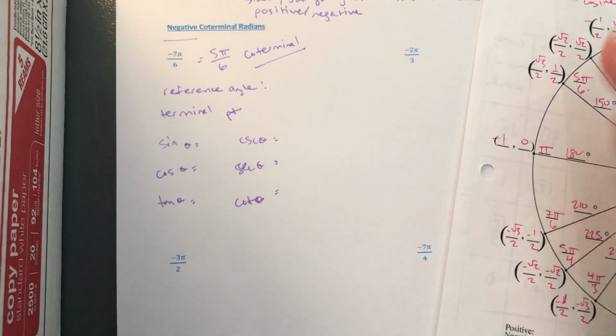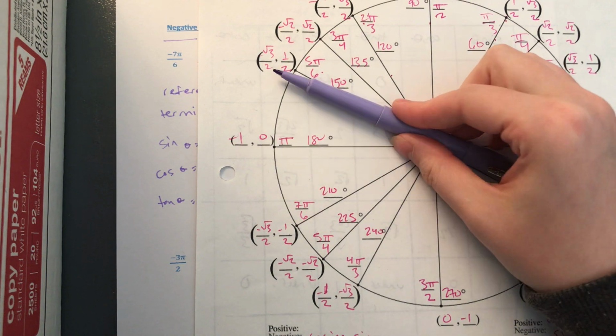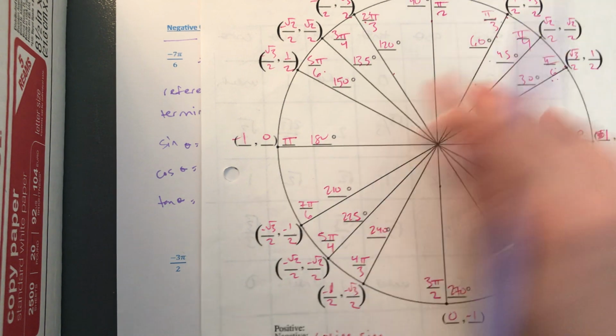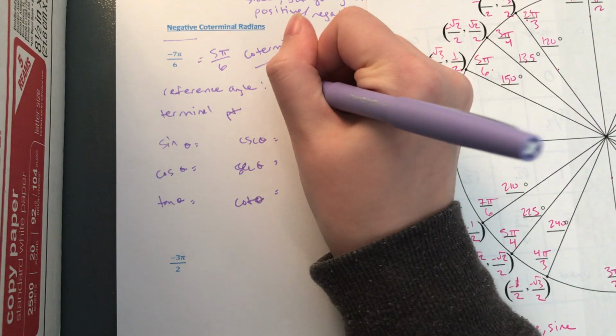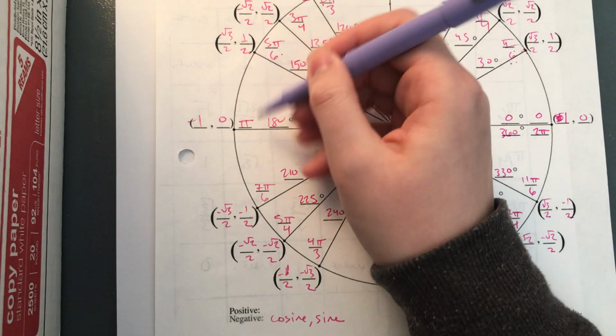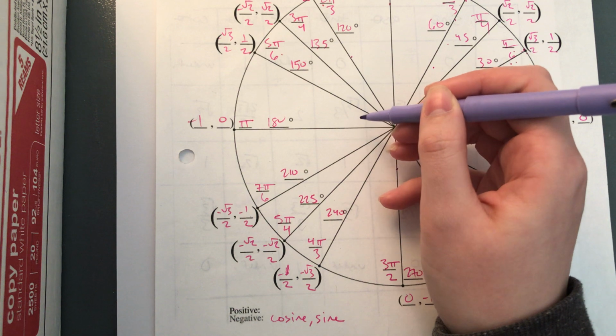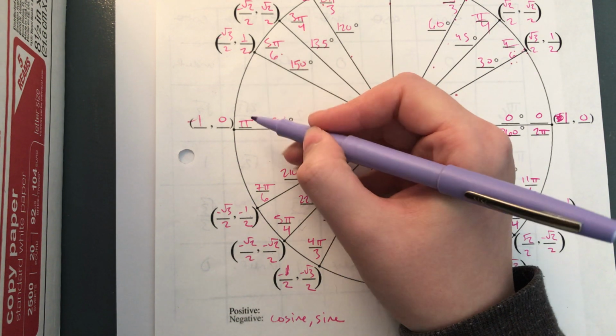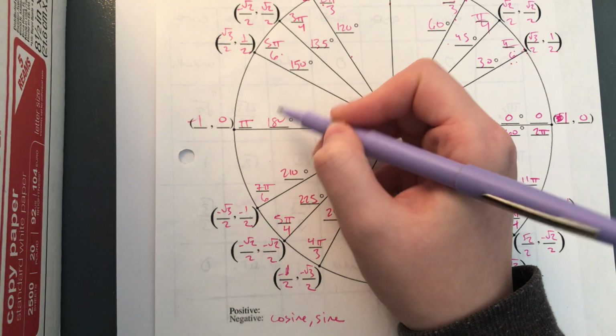So the reference angle is 1 pi over 6. If you were going to make a triangle, your reference angle would be this. And how do you get from 5 pi over 6 to 6 pi over 6? It's 1 pi over 6.